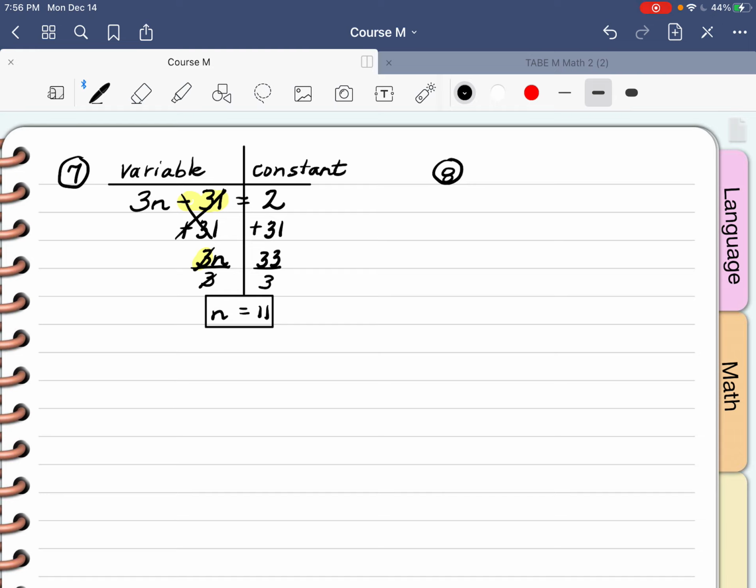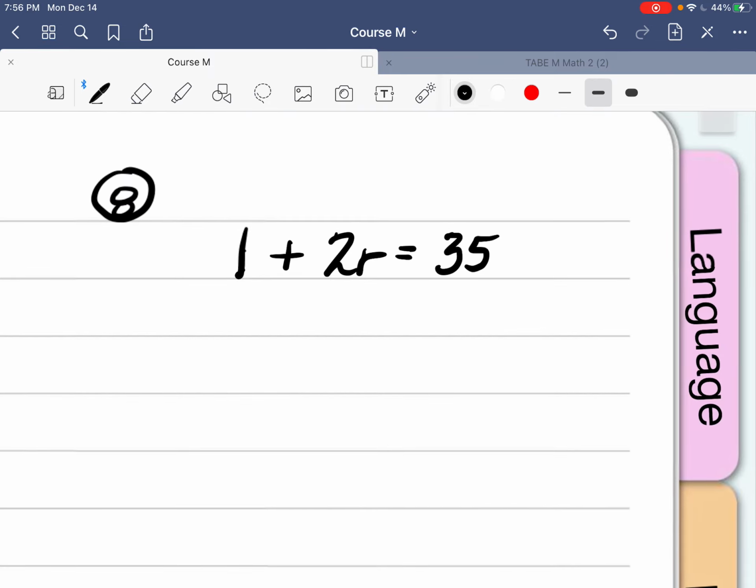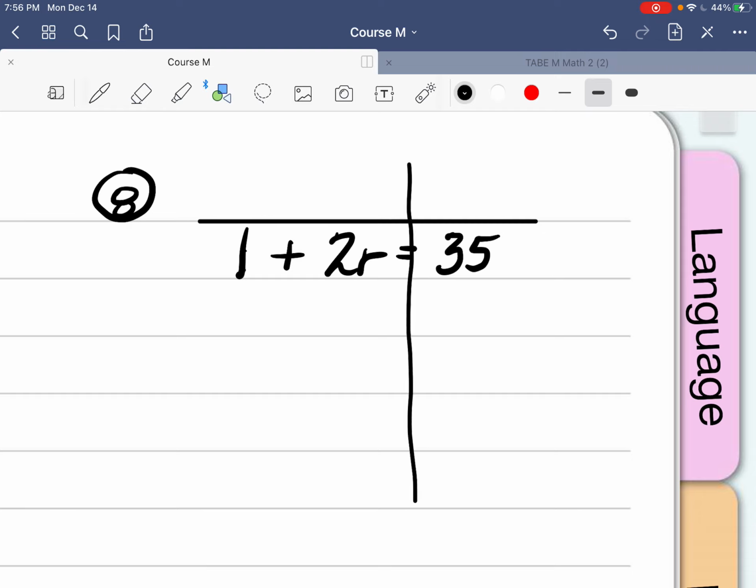Number 8. 1 plus 2r equals 35. Power T. Variable. Constant.